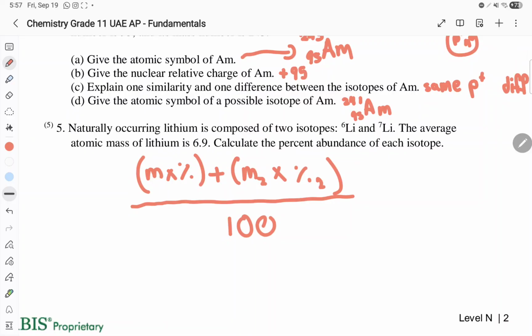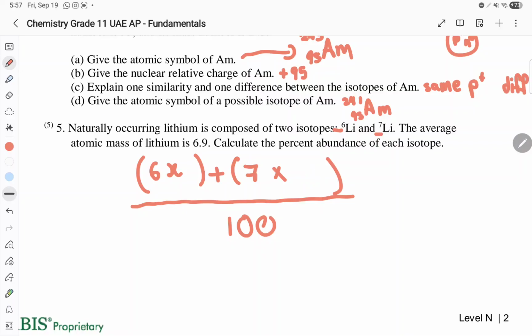Now the masses of lithium are given here, 6 and 7, right? So it is 6 times x, and the second is 7 times y.